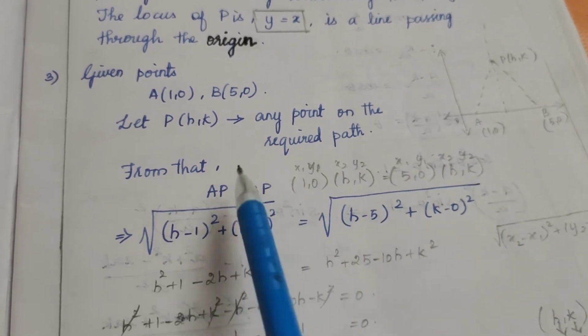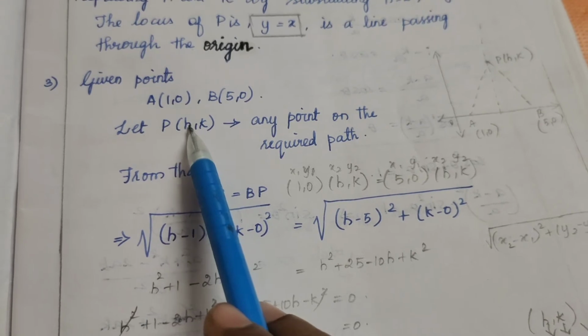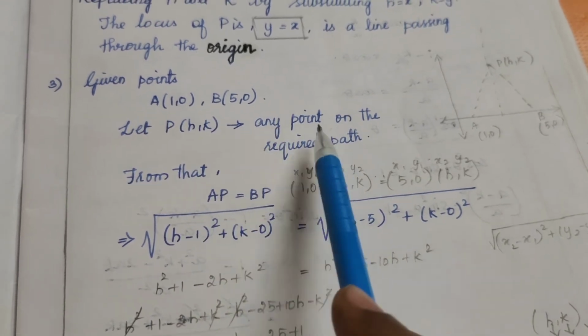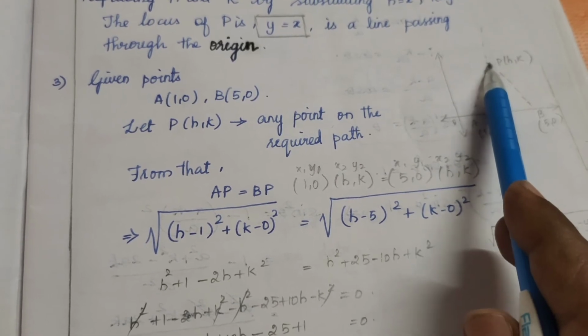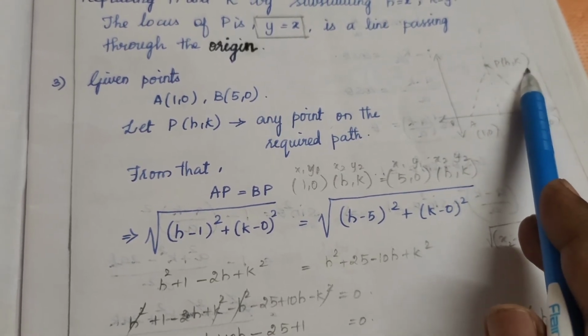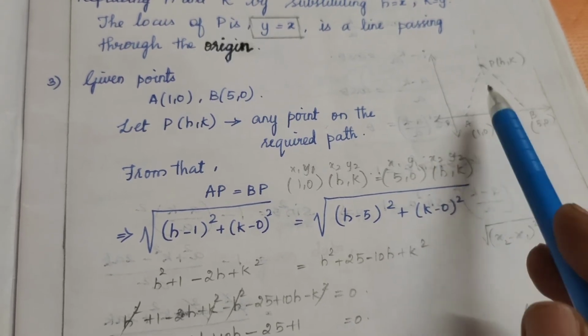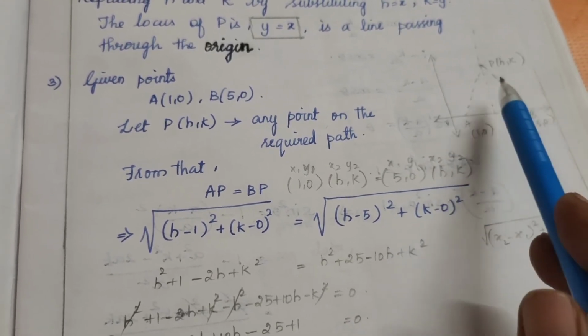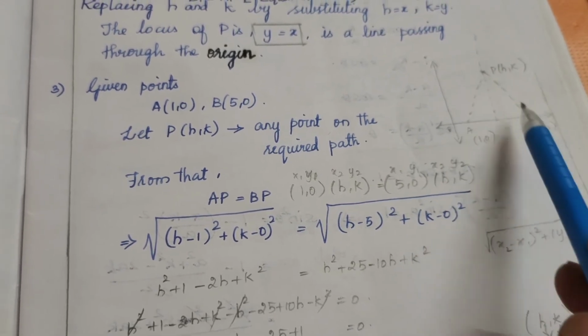As per the given procedure, first we consider P of h, k to be any point on the required path. So P is a moving point, P of h, k. Then we know that both the distances from A to P and B to P are equal. So AP equals BP.